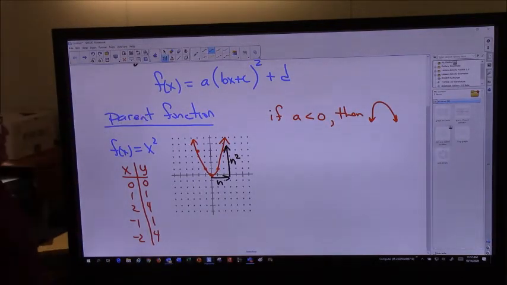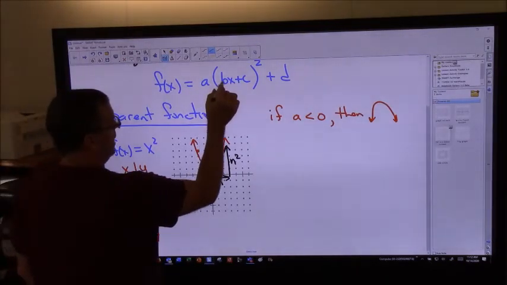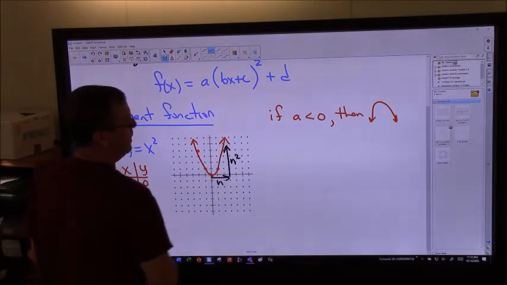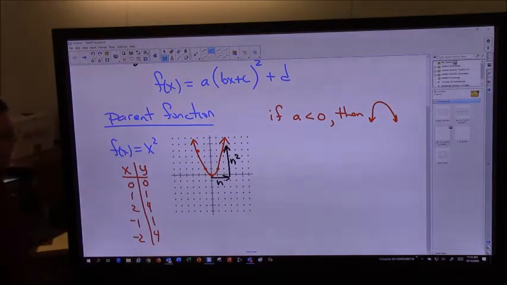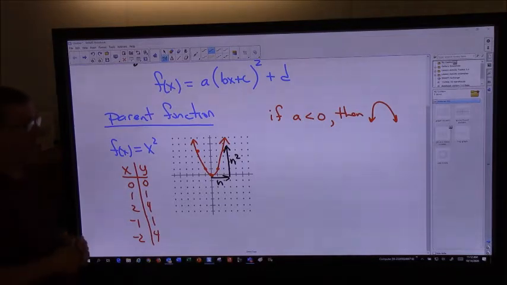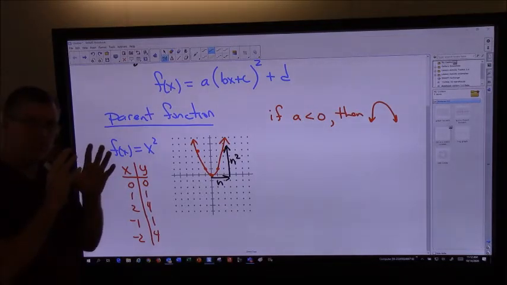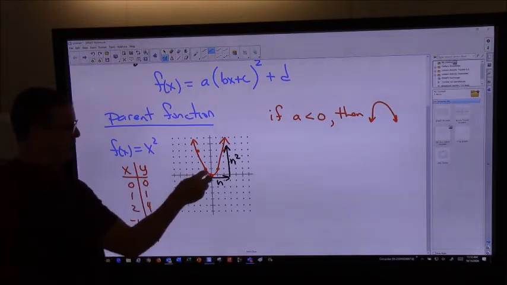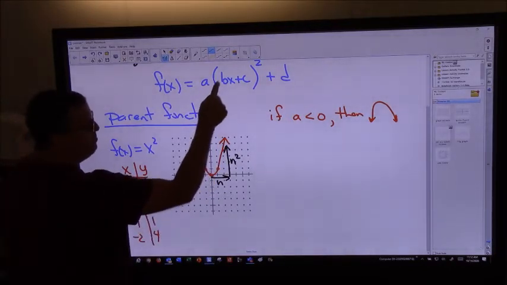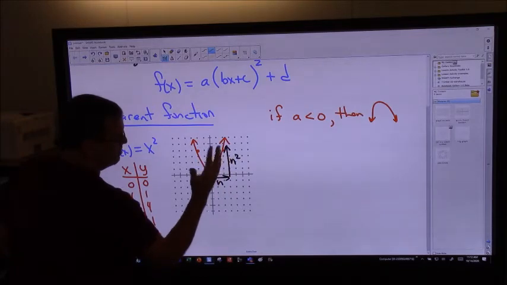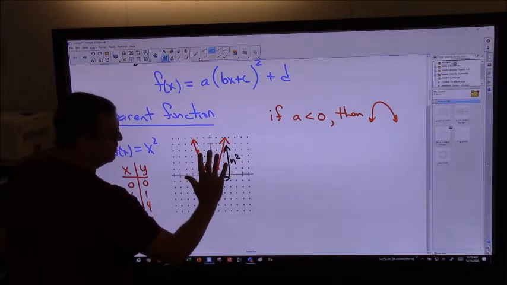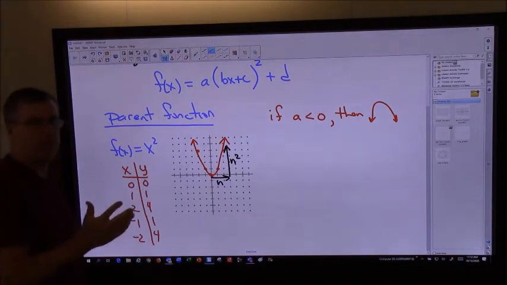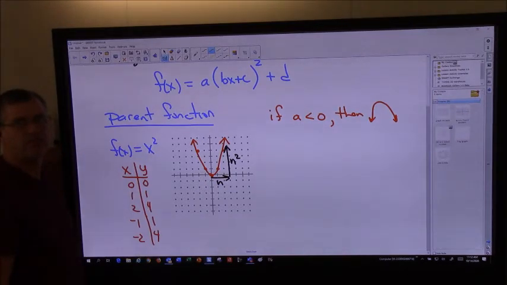What if B is a negative number? What if I have a negative 2 in front of this x? How does that affect the way the parabola looks? Well, again, the beauty of this is the rules will be the same for every function we graph. But in a parabola, if B is negative, it flips the parabola over, but because we have symmetry, it really doesn't look any different.